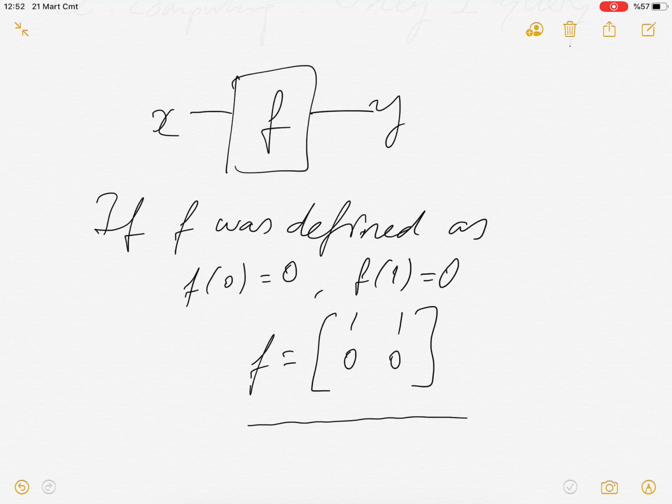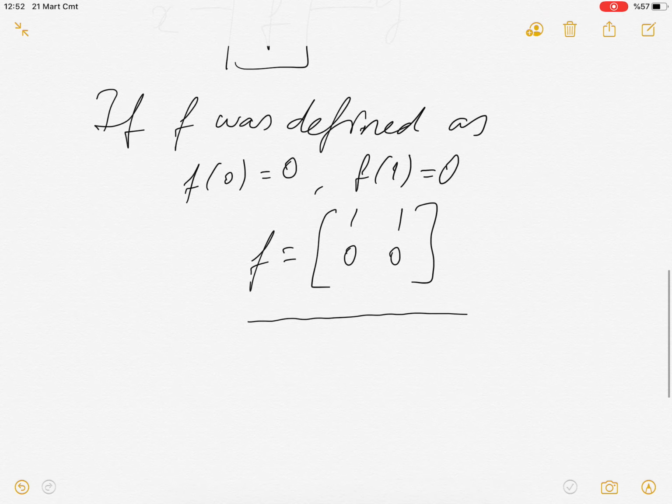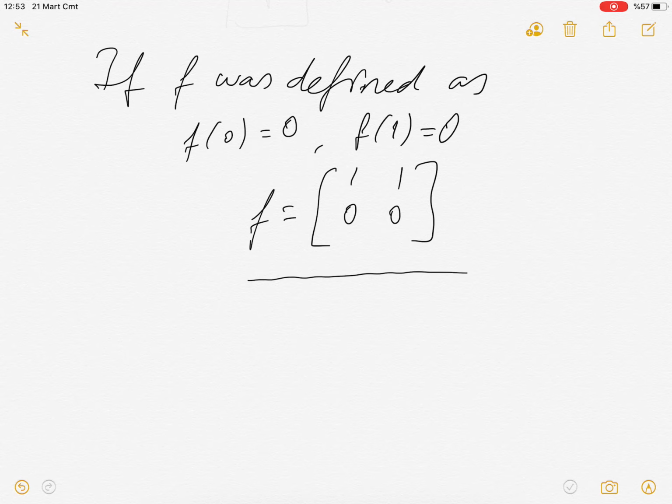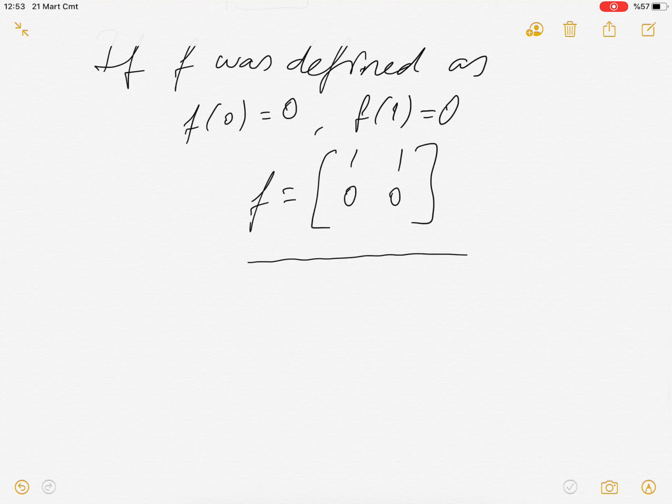Okay. Now, recall that in quantum systems, we require all our functions to be unitary, hence reversible. So we need to make this function reversible. Let's suppose that f is given as a black box, but in terms of its quantum counterpart.